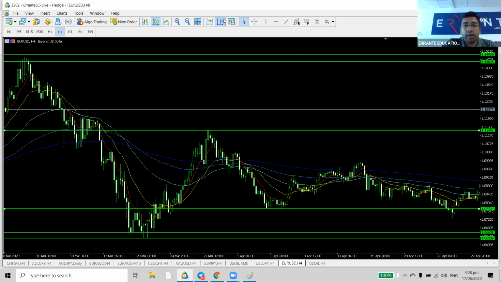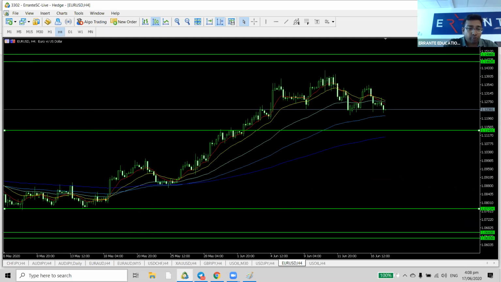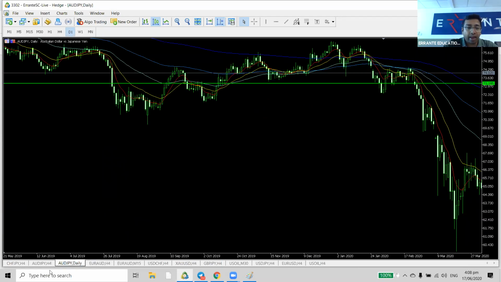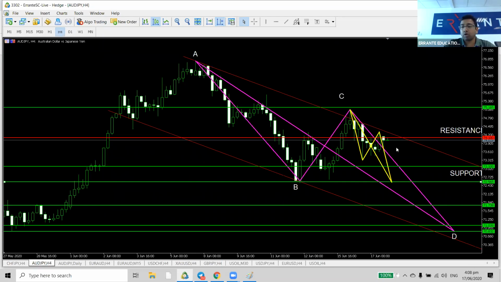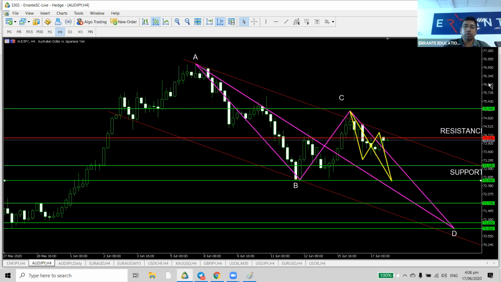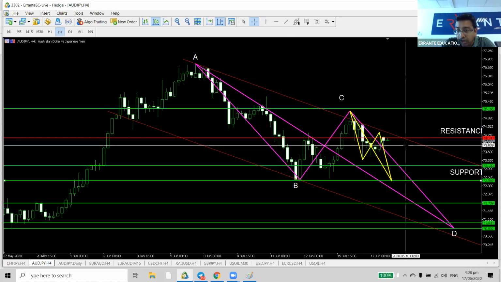Okay, so now here, for example, let's follow the example that we have had on AUD, because we have already drawn patterns on the AUD. So for AUD, for example, we have got a new price. Let's say you want to enter a sell based on the yellow pattern and on the centroid area. The centroid area there gives us a price of 73.82.